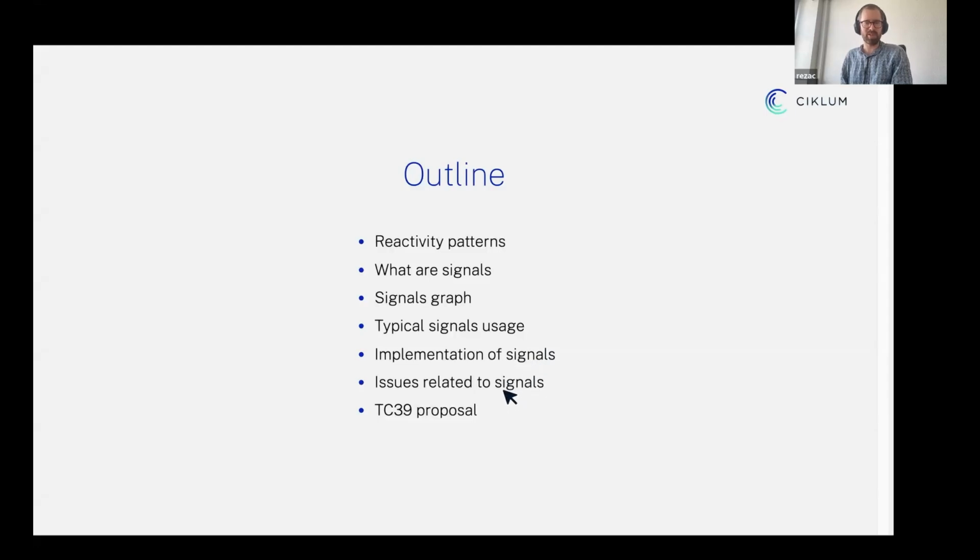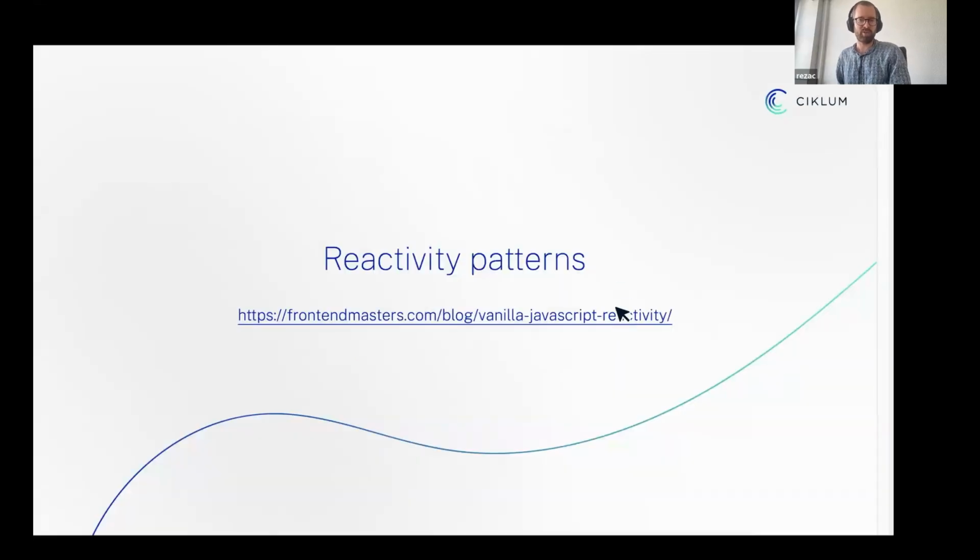And then we will check what the issues in this simple implementation are and what can be done better, and what is actually done better in the TC39 proposal, which is a stage 1 proposal for signals to be a native part of JavaScript. So let's check the reactivity patterns in general so we know what business we speak about here.